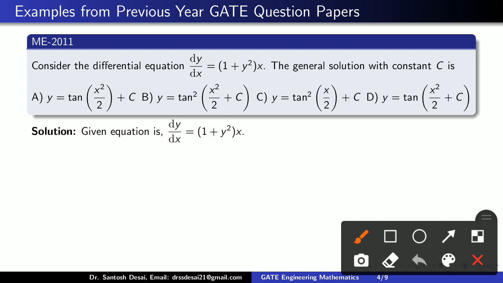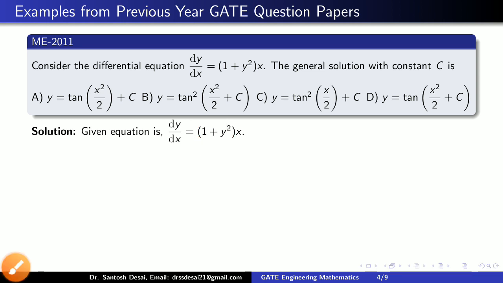For the separation of variables, we have to shift the term 1 plus y square to the denominator of dy, and shift the term dx to the RHS. So we get, by separating the variables, dy divided by (1 plus y square) is equal to x into dx.